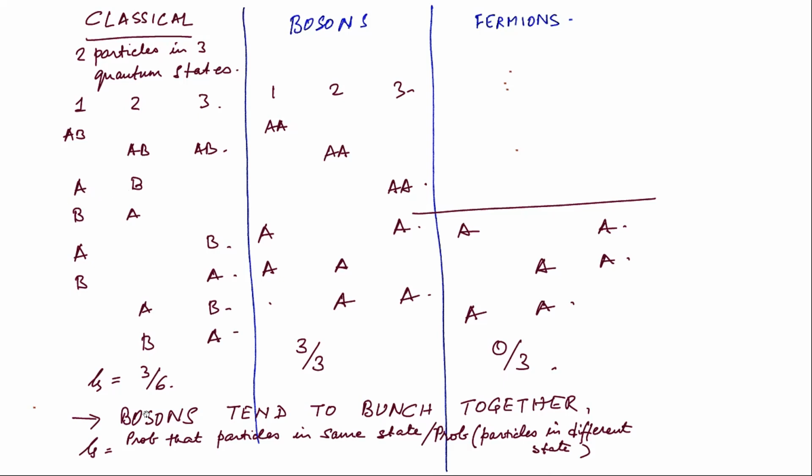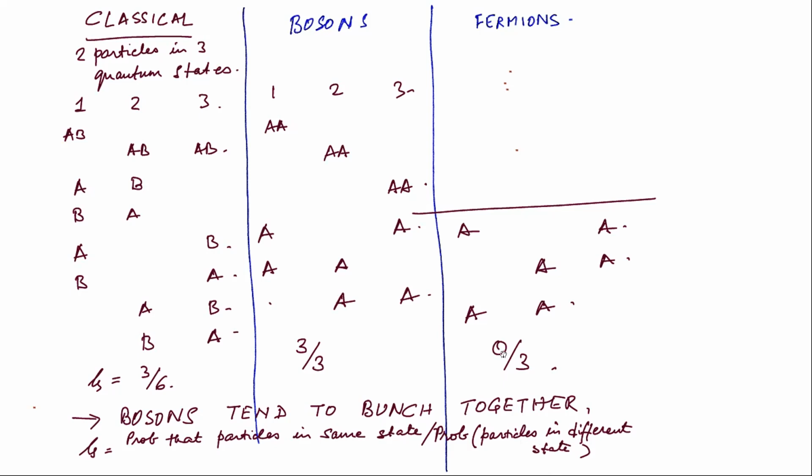And if you calculate the probability that particles are in the same quantum state, divided by the probability that the particles are in different states, this zeta, in this case, for fermions, particles have to be in different states.